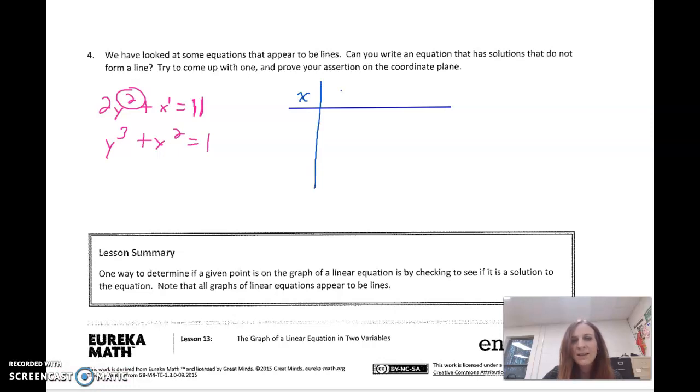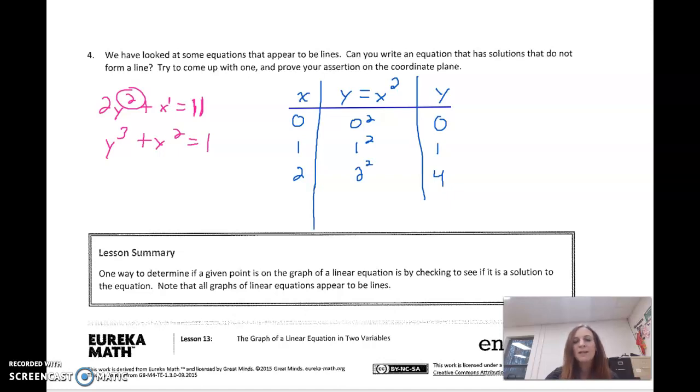Okay, let's say I had this equation, y equals simply x to the second power. If I put 0 in, I would get 0 to the second power, which is 0. Great. If I put a 1 in, I would get 1 to the second power, which is 1. 2, I'd get 2 to the second power, which is 4.